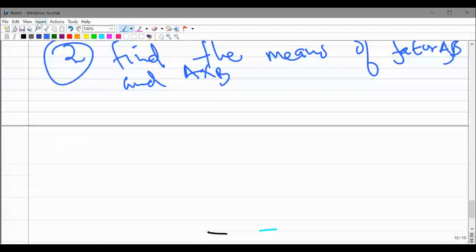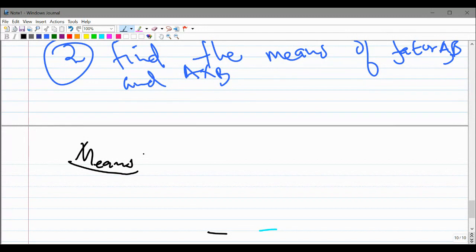So mean of A, the means. What's happening with my writing pad? Mean of A is given by 1 over 2R. Correct me if I'm wrong.